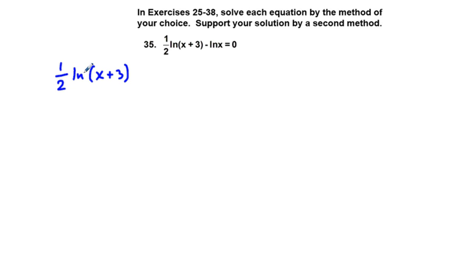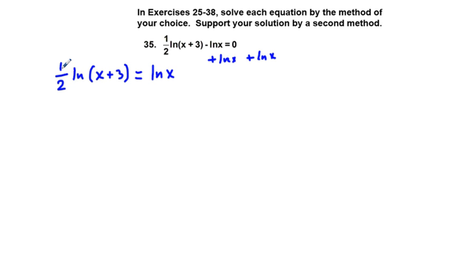So we have 1/2 the natural logarithm of quantity x plus 3. And what I'm going to do is add ln x, or logarithm of x, to both sides of this equation. So this is going to be equal to the natural logarithm of x.